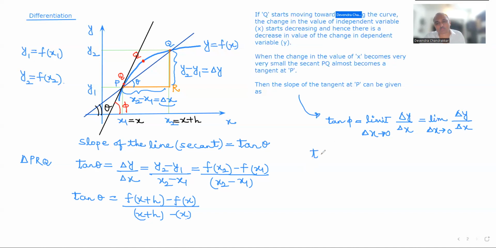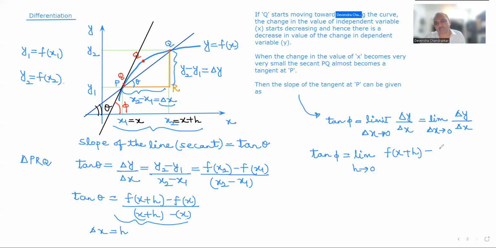Now, let's be more precise in this. What is delta x here? Can you see what is delta x here? Delta x is h. So I write limit h tends to 0. And of course, this is the case, right? If h tends to 0, then delta y is what?